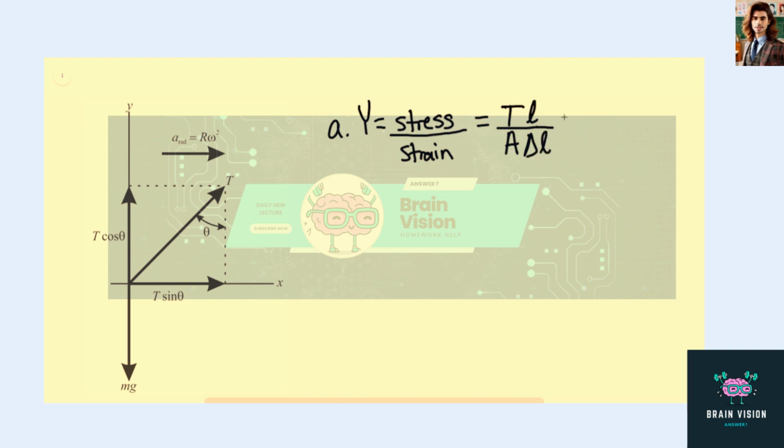And this is going to give us the Young's modulus equaling, for the area, it would be pi times the diameter squared divided by 4. So we can say that pi d squared, and then on the top we can have a 4.